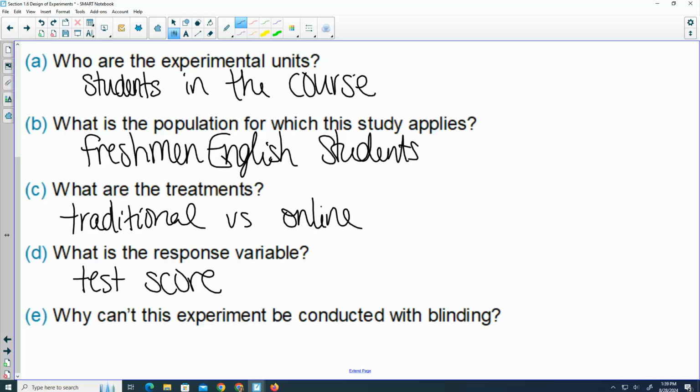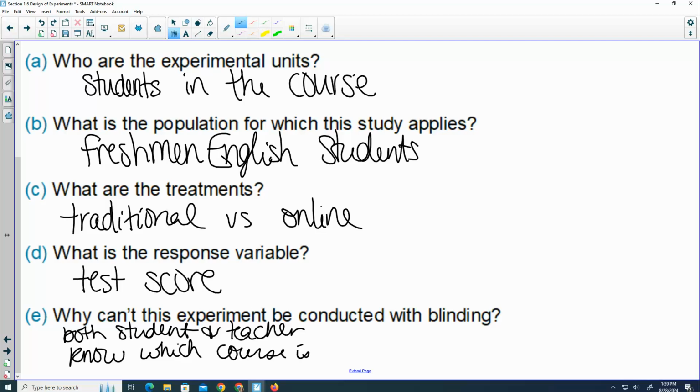So both parties are going to know if they're online or not. Any questions about that?